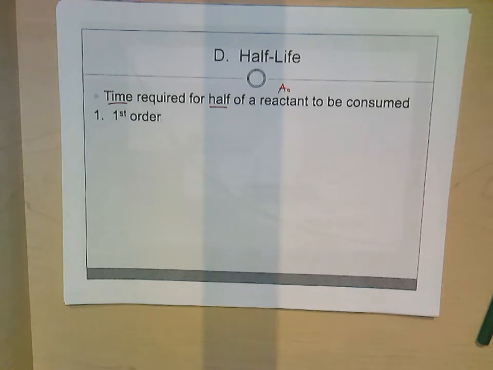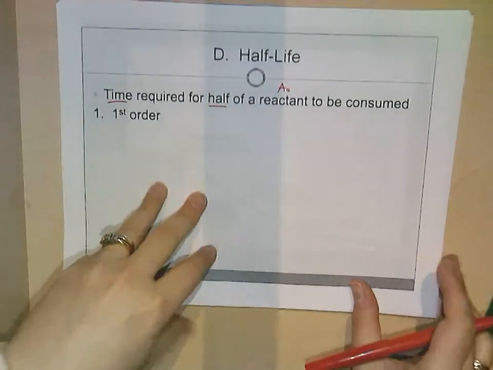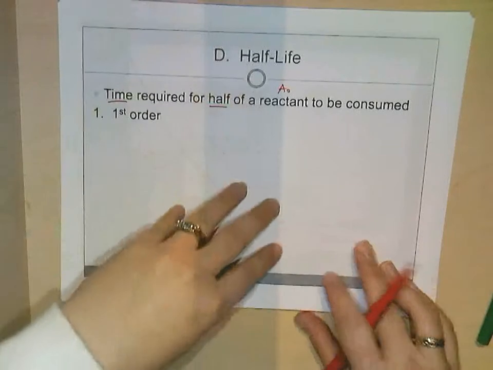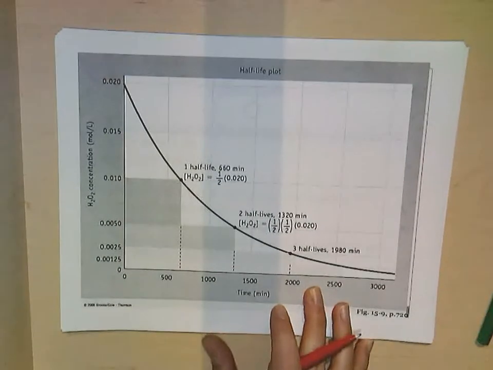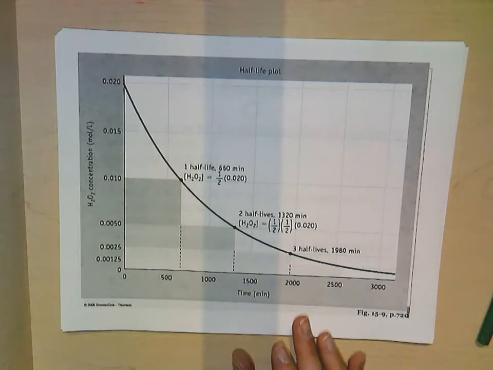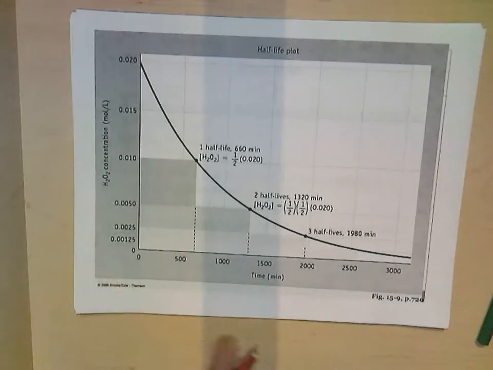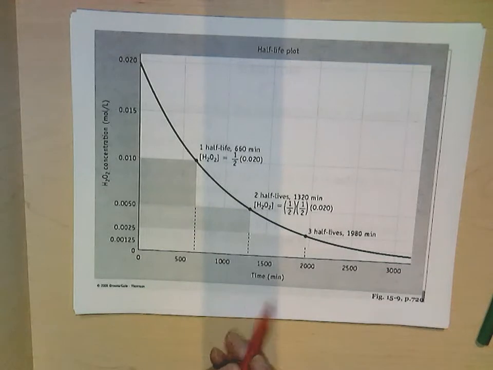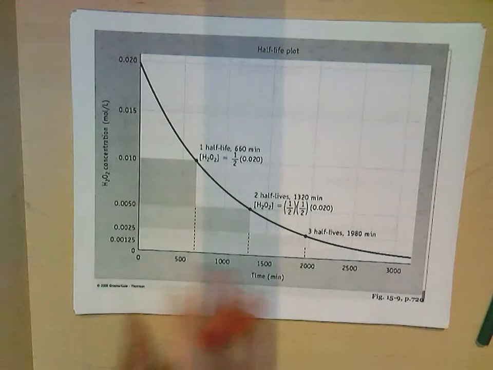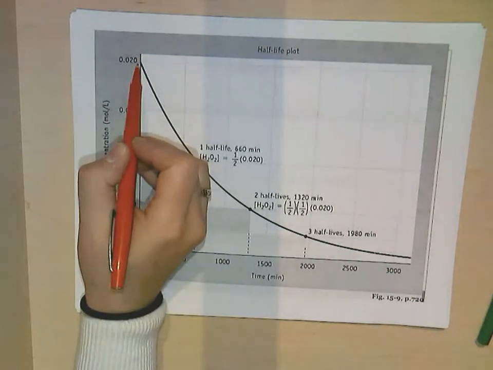If I had a picture, which I do, of what that looks like. All right, here's my graph. It's not an integrated rate law equation because it's not a straight line. It's just a regular plot of concentration versus time. So what was the initial concentration of my reactant? Right, 0.02. So I want to know how long it takes to get to 0.01.